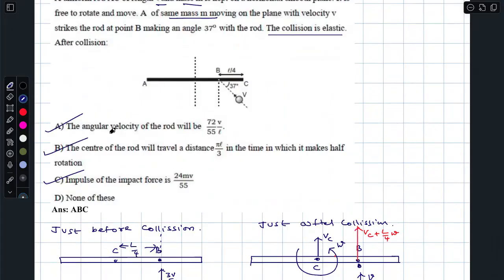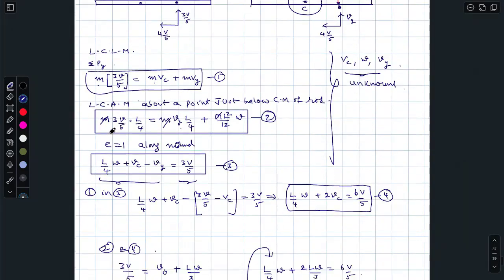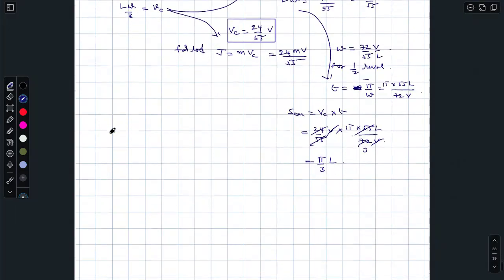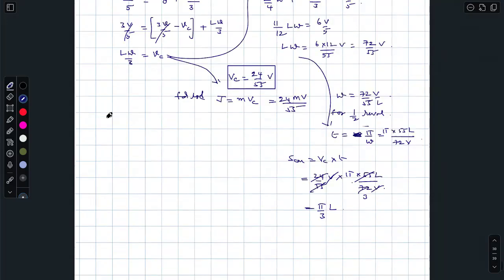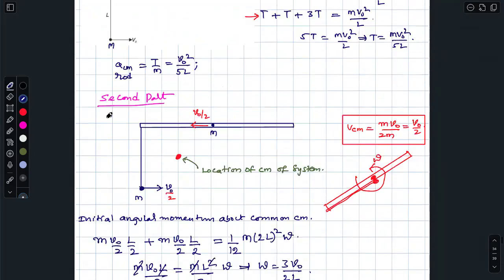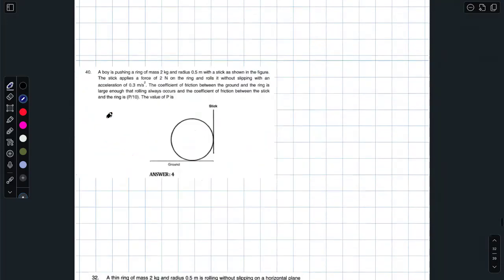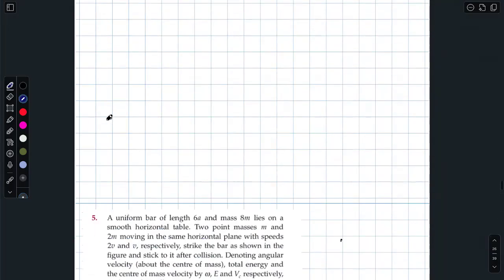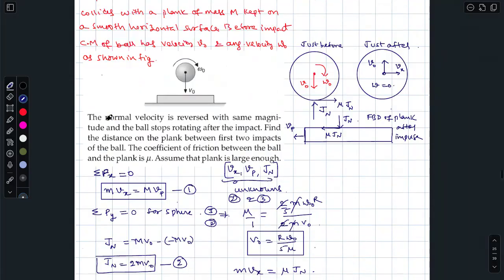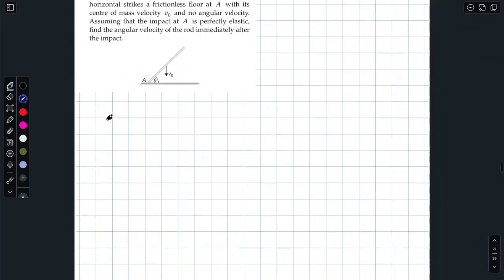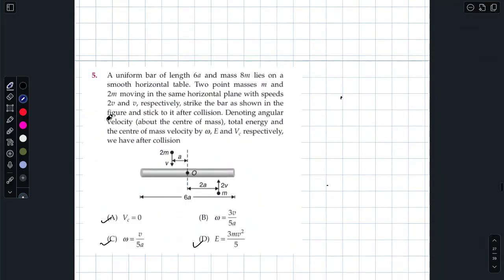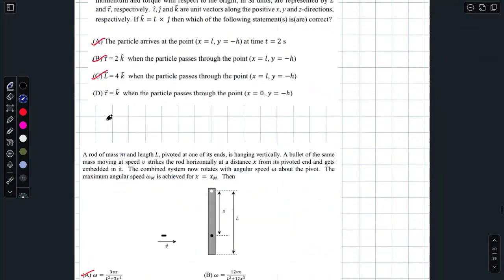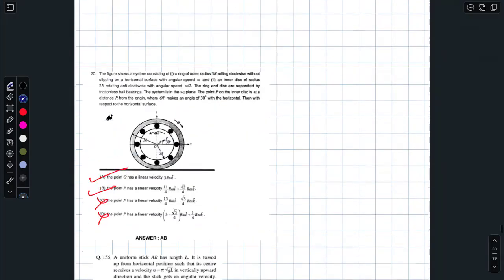Correct. This is a very, very famous question. Really famous question, this one. Okay. Next. I think one more question was left pending.